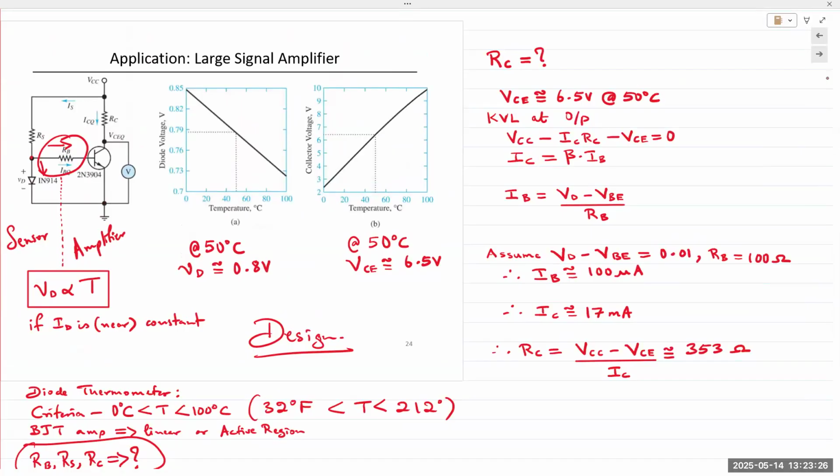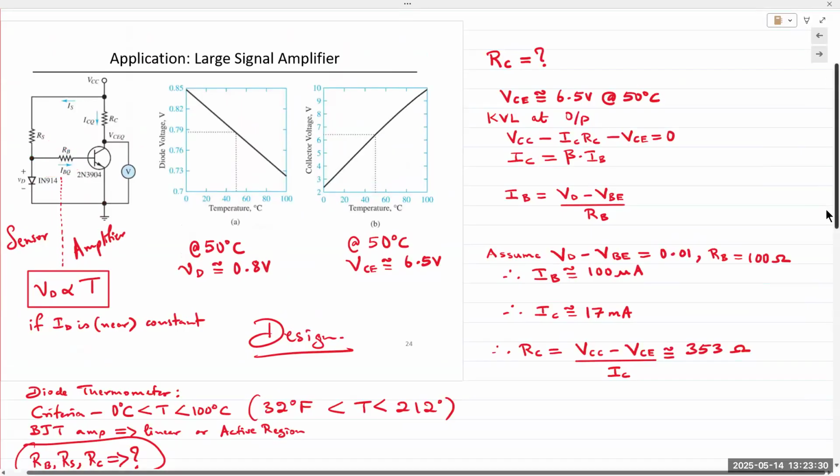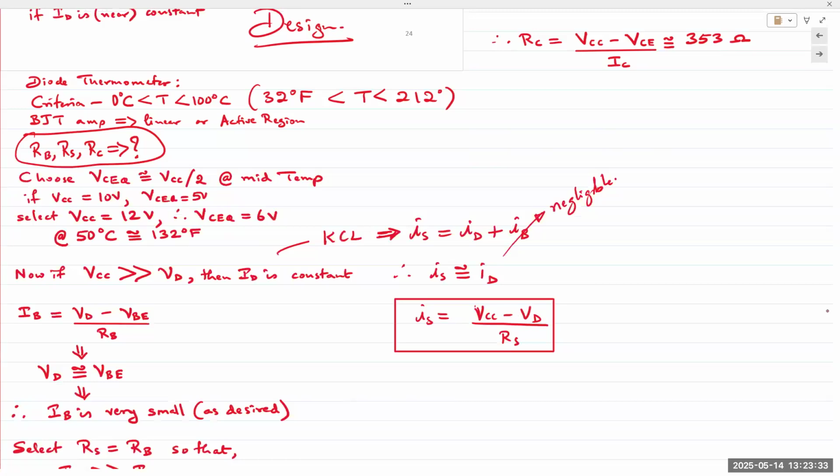So we can describe the current IB as the diode voltage VD minus VBE, over RB. For all intents and purposes, the diode voltage would be almost equal to VBE, depending on minor differences in the construction of the diode and the BJT. We would want the diode voltage to be higher than VBE.